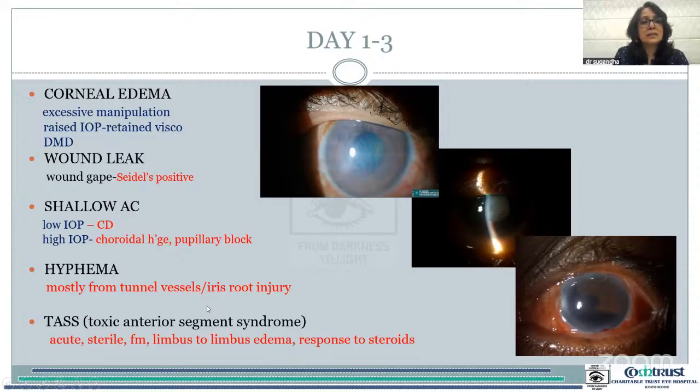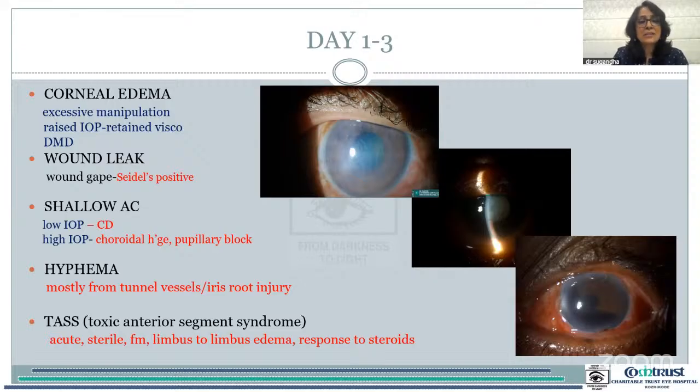TASS is an early thing the PGs and all the beginner surgeons should be able to recognize and differentiate from endophthalmitis. So I'm going to be placing a little more emphasis on this particular thing. TASS is an acute, sterile, intense reaction to some kind of endotoxins or your viscoelastic or something that you have used intraoperatively.